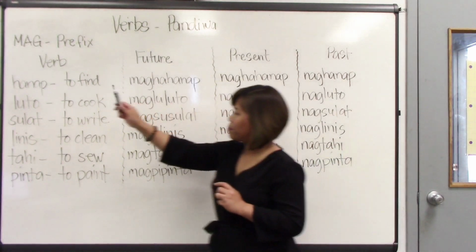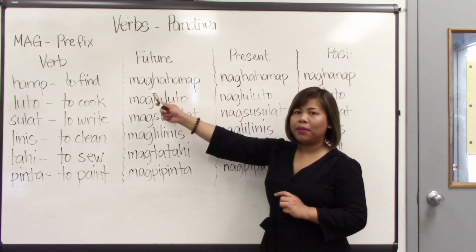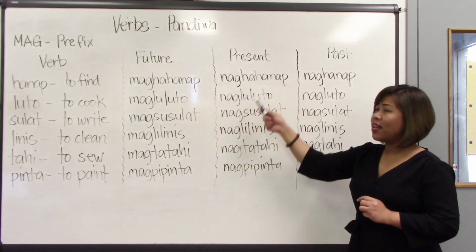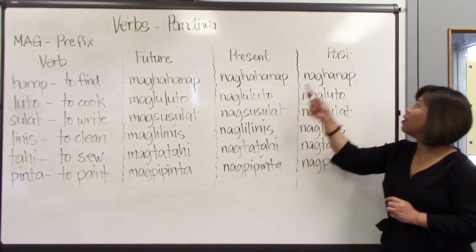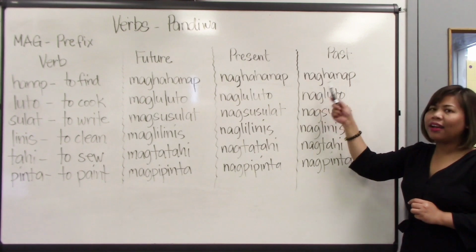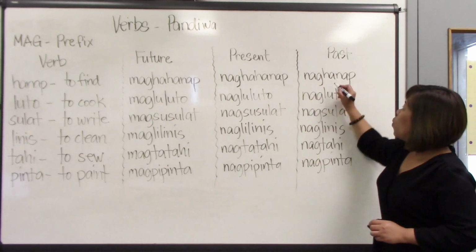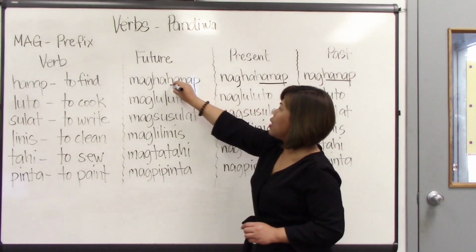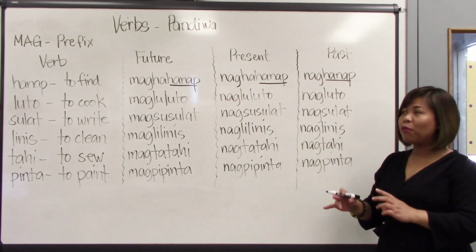So here, the first one is hanap. Look at the future. It became maghahanap. The present became naghahanap. Past is naghanap. One common denominator is we always have the base form of the verbs here. We don't omit them. We are just adding some words to it.